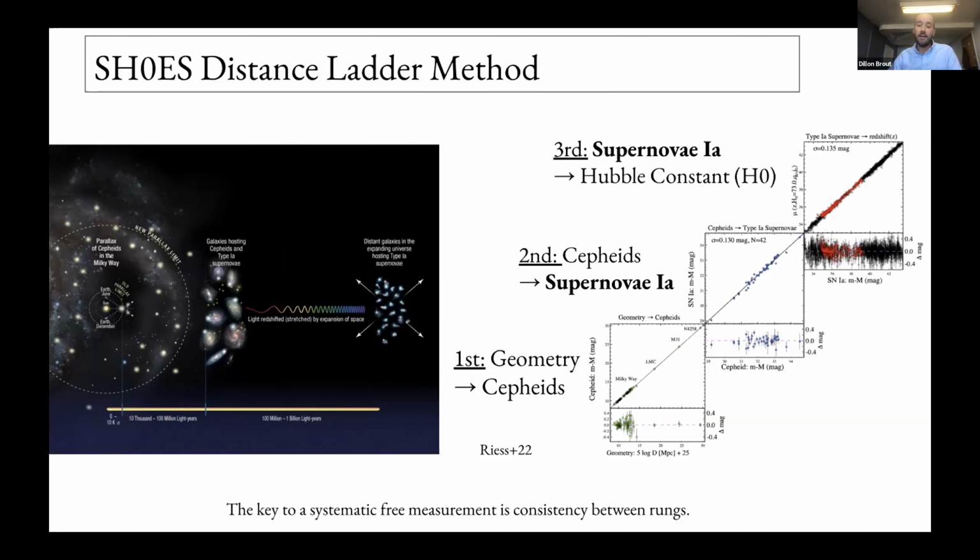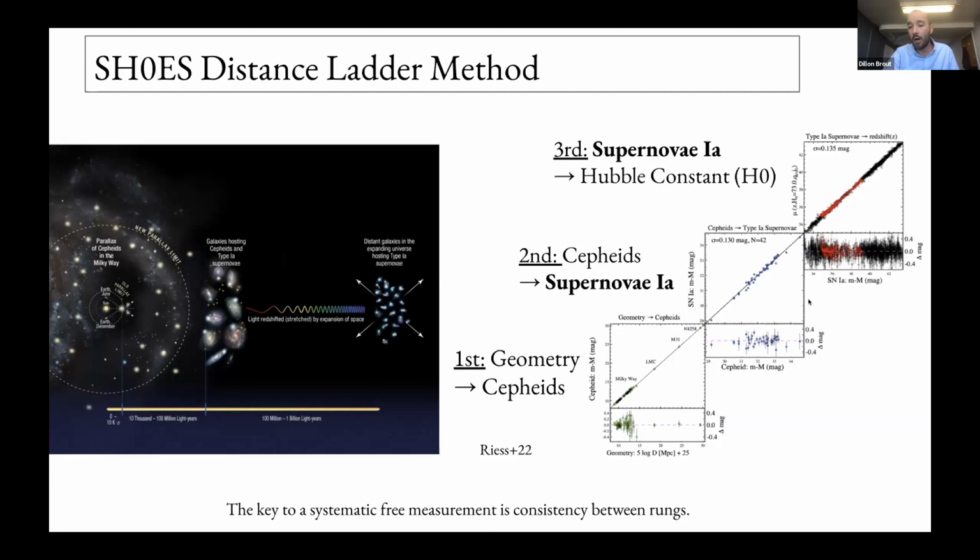And then in the second rung of the distance ladder, we convert the geometric calibration into a Cepheid distance scale. Cepheids are variable stars that we can standardize based on their period, and we get the period-luminosity relation. We calibrate that period-luminosity relation to the geometric distances in the first rung.